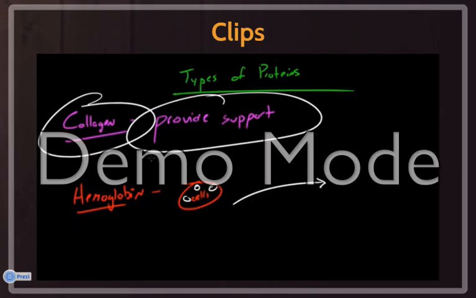Collagen is the most abundant protein in your body. And also, hemoglobin is another famous one. You probably hear that a lot. And its job is pretty much to take oxygen and deliver it to different places in your body. So proteins, unlike other things, have a very diverse range of jobs.